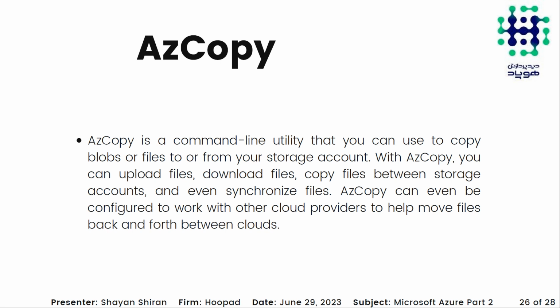And it can even be used to work with other cloud providers to help move files back and forth between the clouds, for example, in multi-cloud environments. And multi-cloud is when we are using different kinds of cloud providers. For example, we are using Azure and GCP, or we are using Azure and AWS. We can use AzCopy to just move our files between the cloud providers.